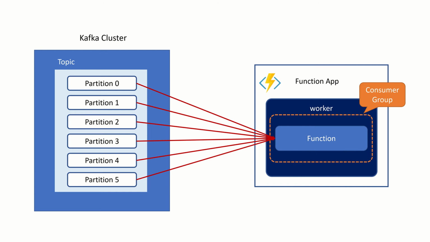In the Kafka concept, there is a topic that stores a bunch of messages, and that topic is logically separated into what are called partitions. So for the consumer, in this case an Azure function, if there is only one function and one worker, and we have only one consumer group, then this consumer group reads every partition, all partitions, and the consumer group has a commit offset, so it remembers until where we have read the messages.